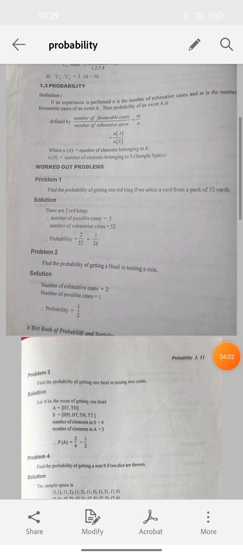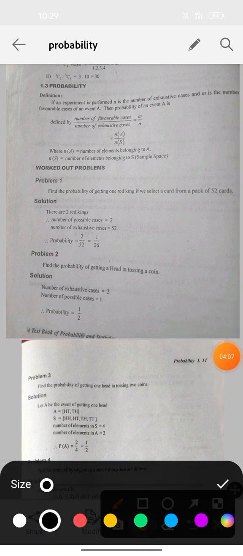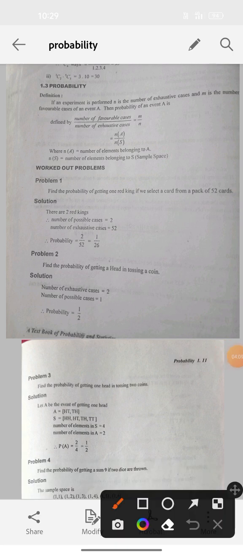So now going to the problem, the same thing is here. There are two red kings. The number of possible cases, that means how many red kings are present in the pack of 52 cards, is only two. So the favorable case is 2.